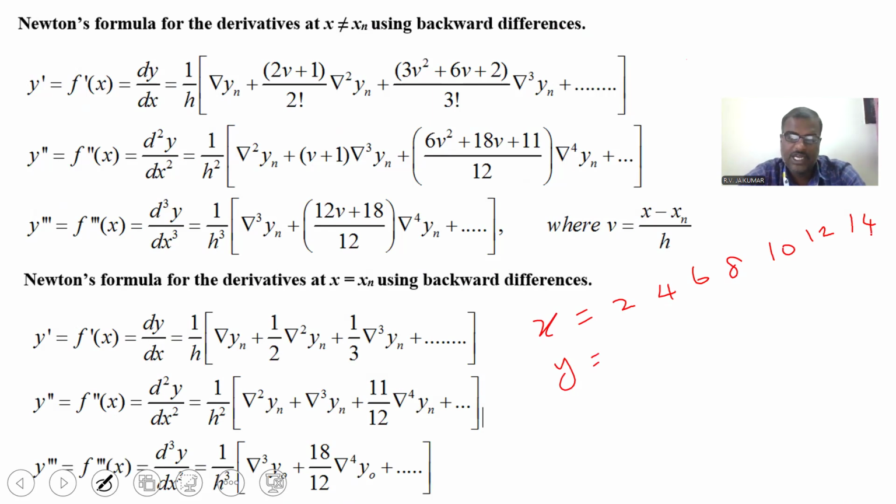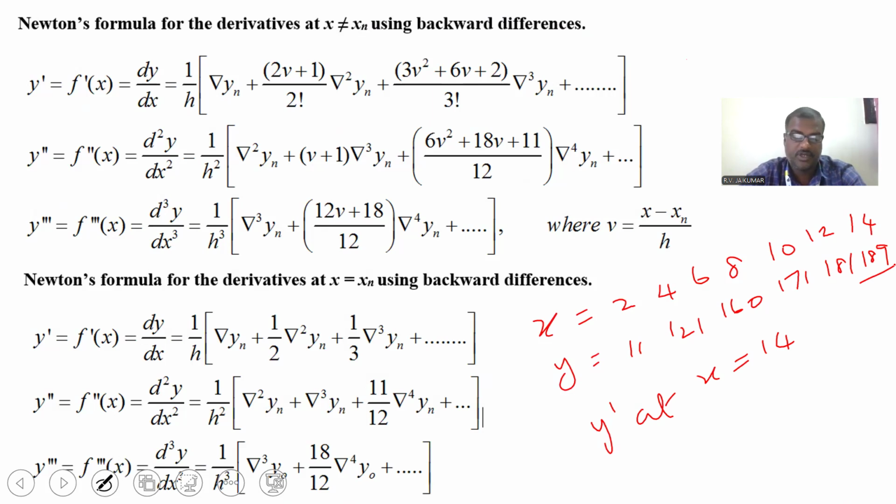And I have some y values like 11, 121, 160, 171, 181, 189, something like that. Suppose they are asking to find y dash at x = 14. 189 is the value of y at x = 14. The question is to find y dash at x = 14.